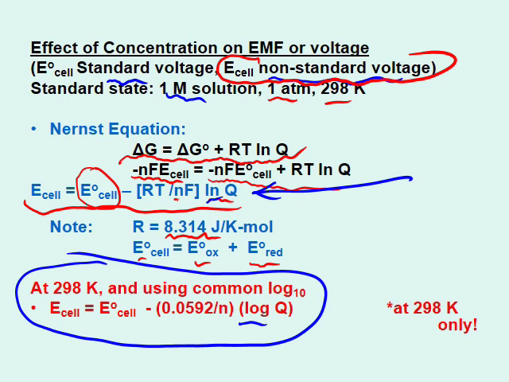In the above expression, it was log base e. So quite often, this is quite helpful. We can use E0 cell minus 0.0592 divided by n log Q if you know the temperature is 298 Kelvin.